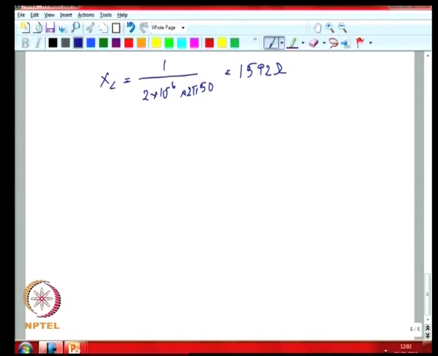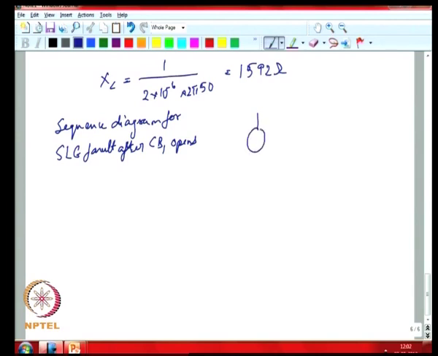Okay. So, in your sequence diagram for the single line to ground fault after the circuit breaker opens, you have now your positive sequence, your negative sequence.